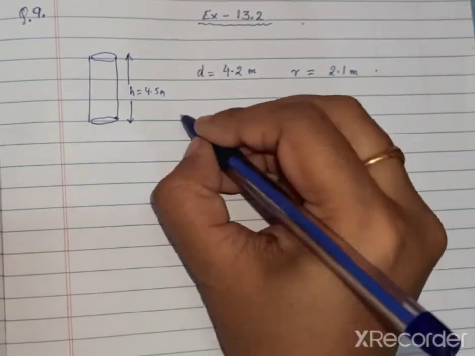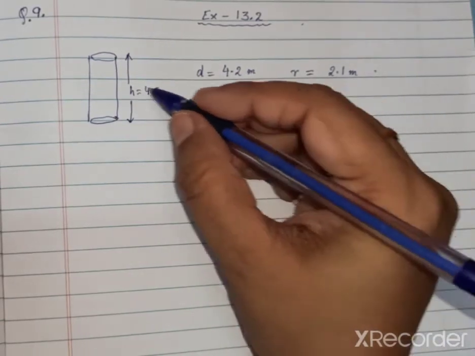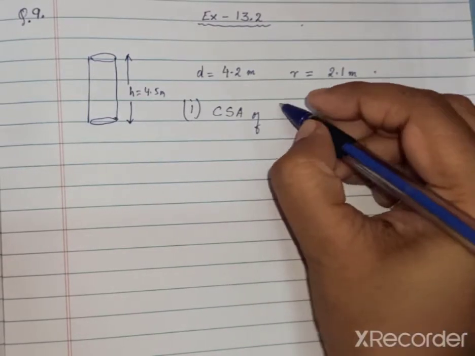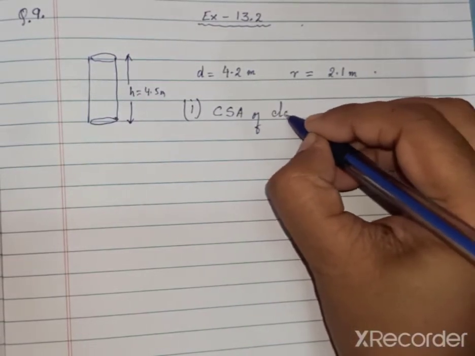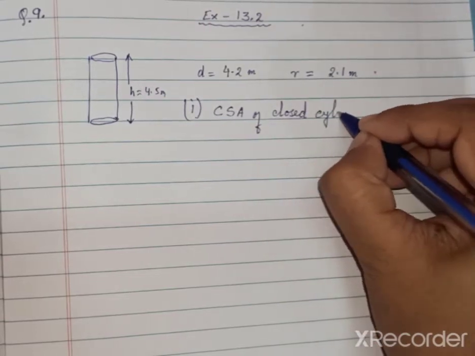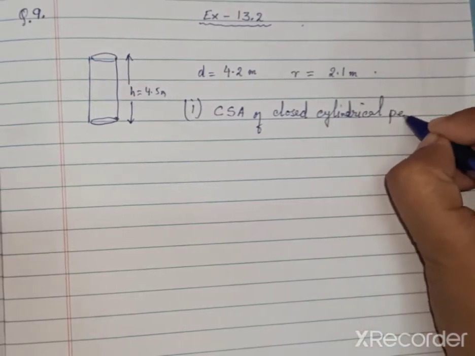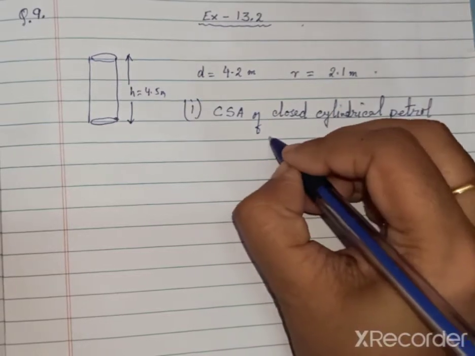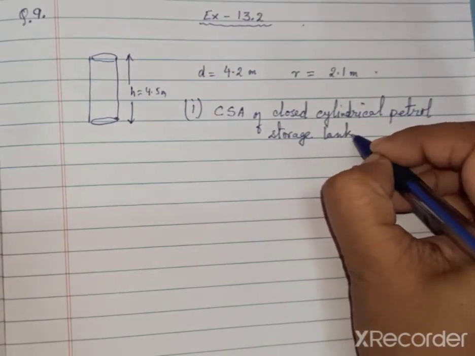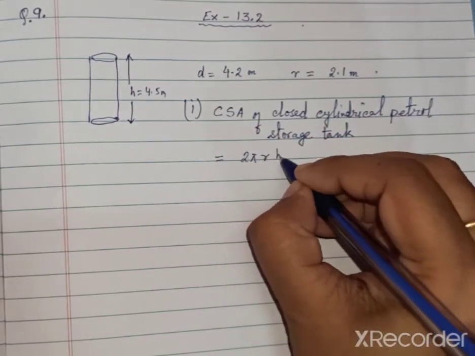Now in the first part we have to find out the lateral surface area or curved surface area. Since it's a curved surface, so CSA of the closed cylindrical petrol storage tank, and since it is of cylindrical shape, so 2 pi r h.